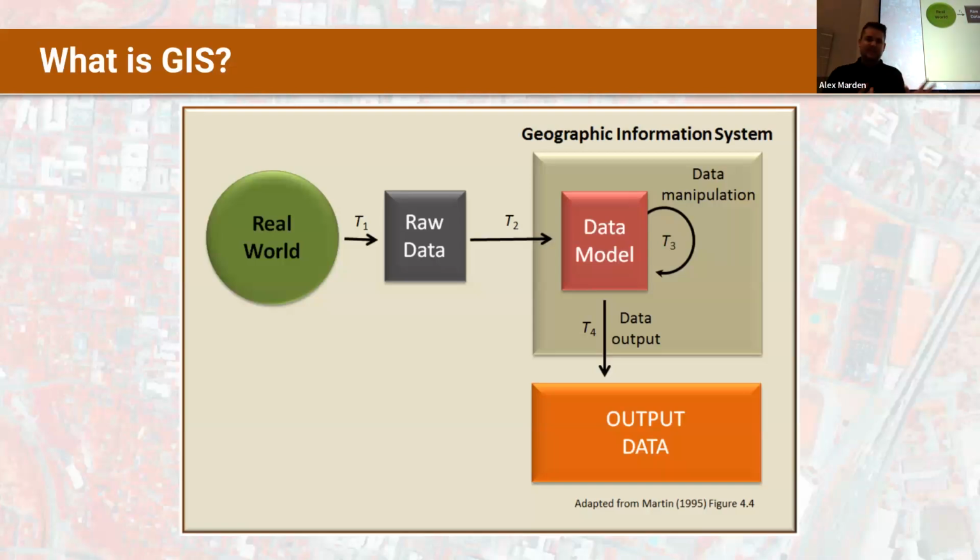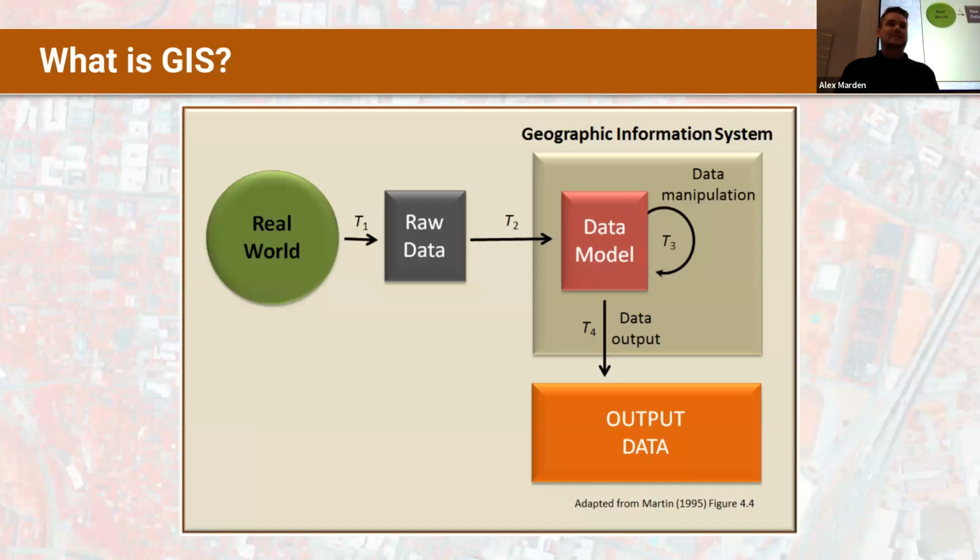So what's involved in that is, how do we take this three-dimensional sphere, ellipsoid that we live on, and then abstract information from there to get our spatial understanding that we want? Well, what that takes is turning location information into raw data that's going to allow us to relate spatially, and then put that into some kind of data model that we can use in a geographic information system.